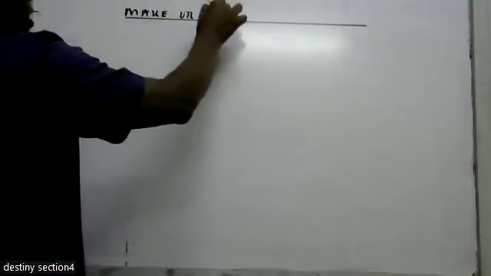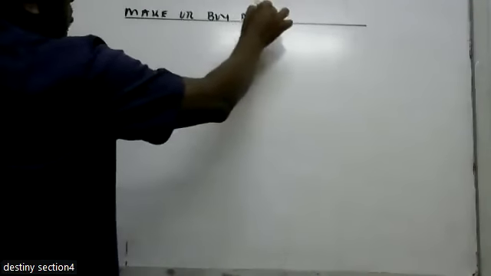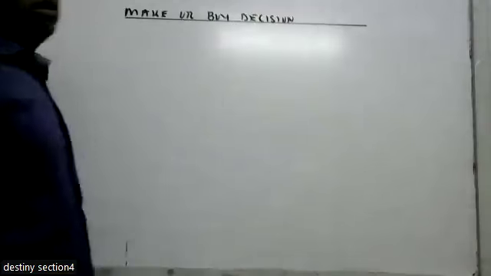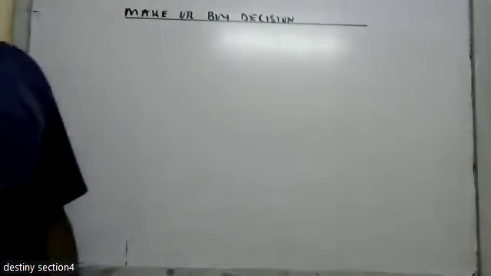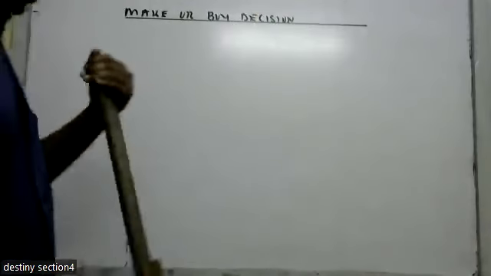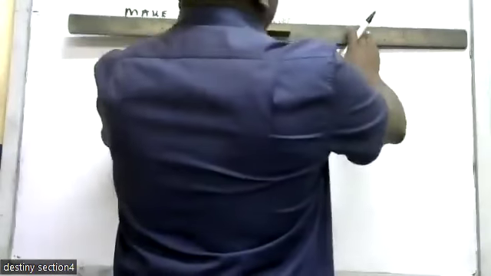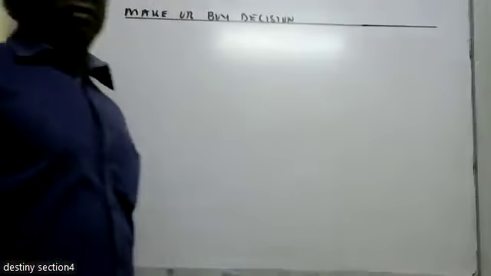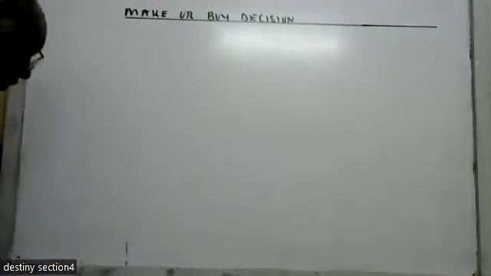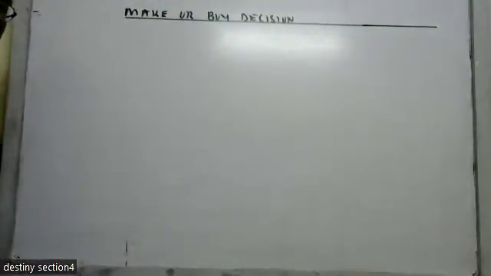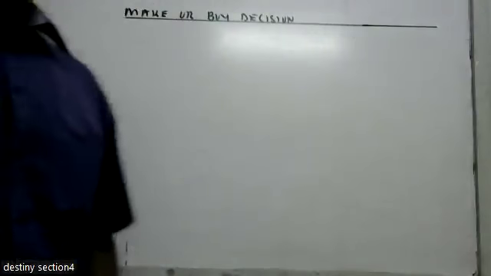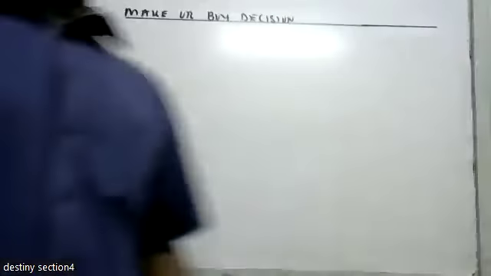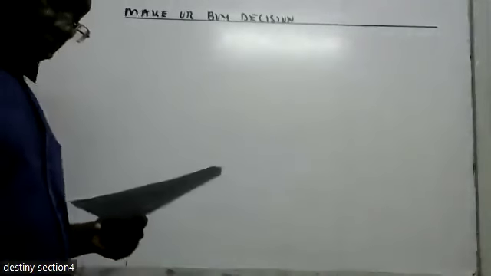Make or buy decision. That's the fourth decision, make or buy decision. And this is a decision that we make quite often. A very good example is food. You may decide, do I eat in the house? Rather, do I make food in the house? Or I pass through a hotel and eat. That's a make or buy decision.